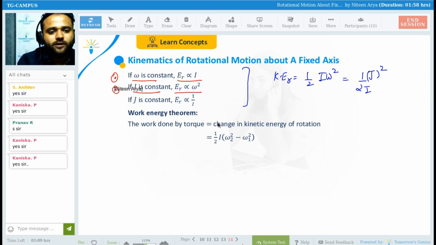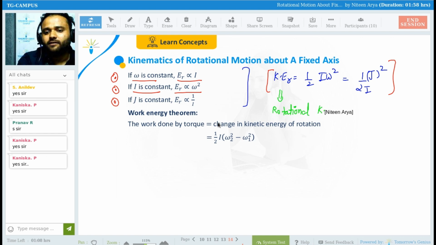And if the angular momentum J is constant, then E_R is inversely proportional to I. So just using this, it is the rotational kinetic energy in different forms, nothing more than that. Kinetic energy of a body in rotation.